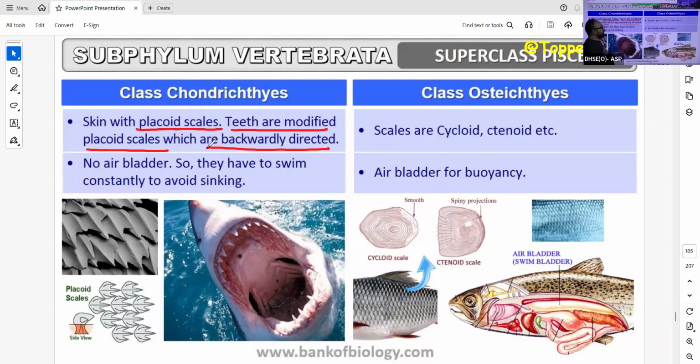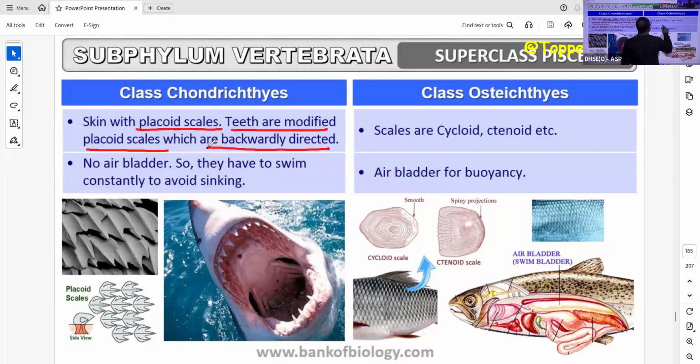So that when they grip any particular prey or any kind of food, that will not be able to escape. That is the reason why they have sharp pointed teeth developed from modifications of the placoid scales, and they are pointed downwards but bent inwards. ठीक है.